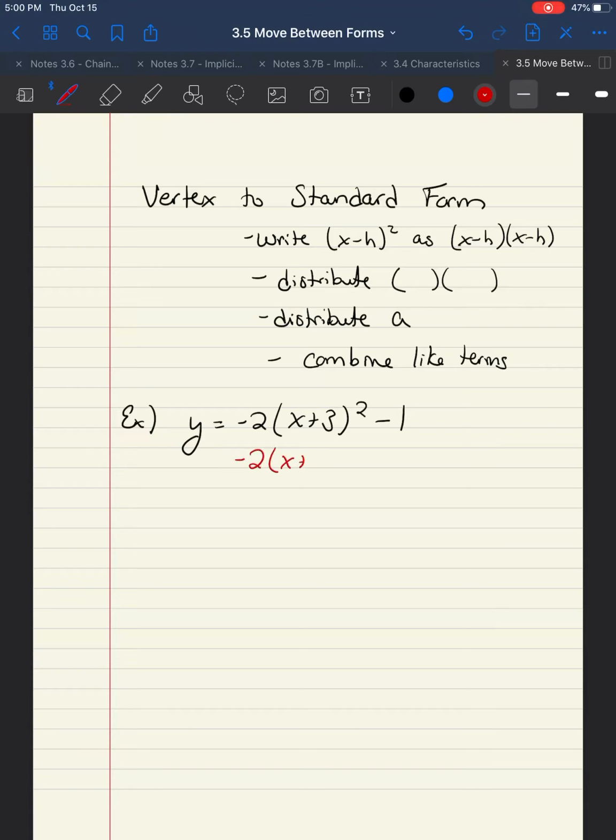Okay, so first thing I have to do is take what's in my parentheses squared and write it twice. So I'm going to rewrite my problem as -2, parentheses, x plus 3, parentheses, x plus 3, minus 1.